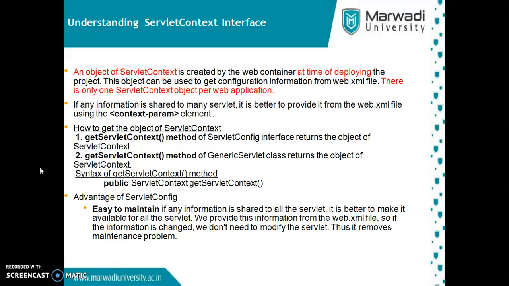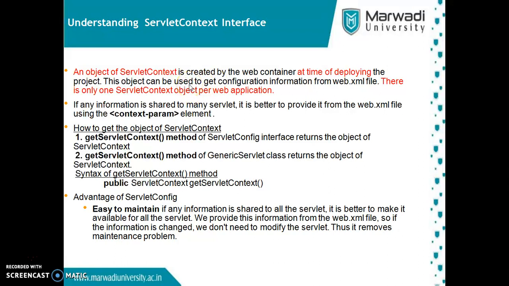Now in the previous class we have studied the ServletConfig. At that time I said there is a single object per servlet that is called ServletConfig. Now ServletContext, an object of ServletContext is created by the web container at the time of deploying the project.